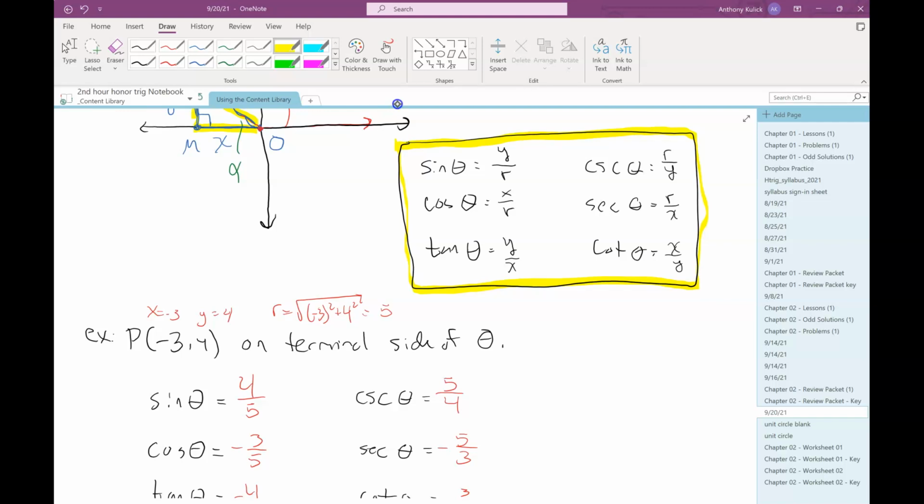It's the same thing, except y is replacing opposite, x is replacing adjacent, and r is replacing hypotenuse. But it's still the same definitions, right? Everybody see that? It's something else to memorize, but you don't really have to memorize that much. You just have to remember those 3 things, and then it's the same as SOHCAHTOA. You know, NBD.